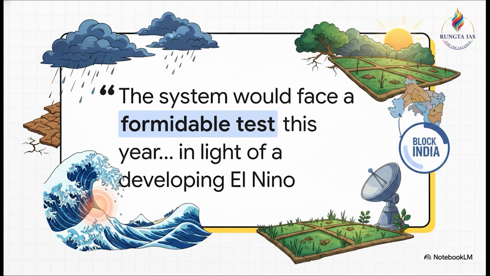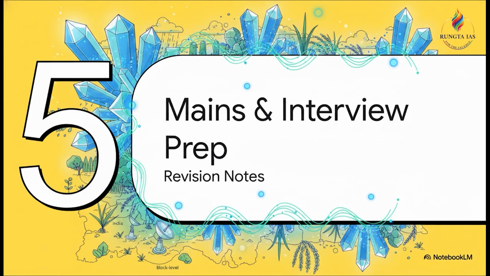Students, as you know from your climatology basics, El Niño frequently causes weak monsoon rain in India starting from July. This climatic anomaly is going to act as a massive stress test for the accuracy and reliability of this newly launched forecasting system. Which leads us to our final stop, Section 5, Mains and Interview Preparation.